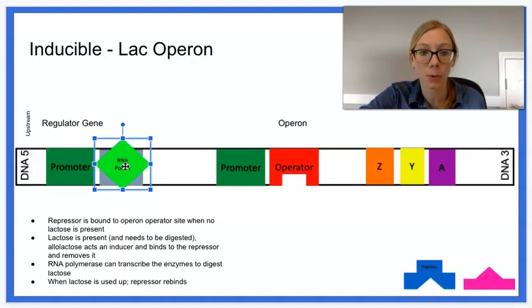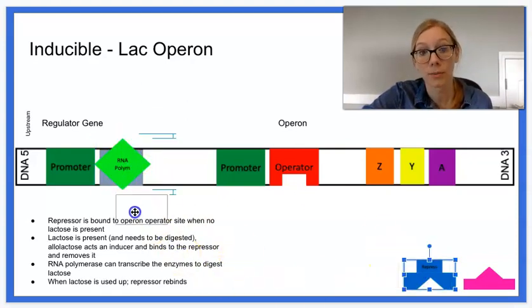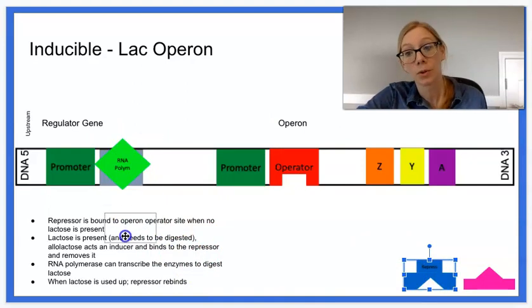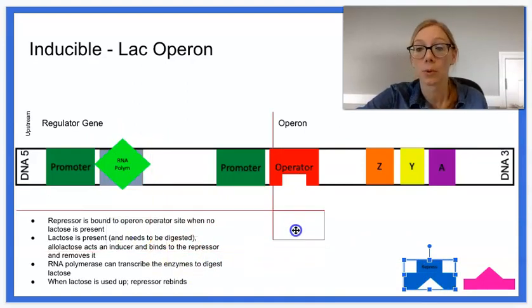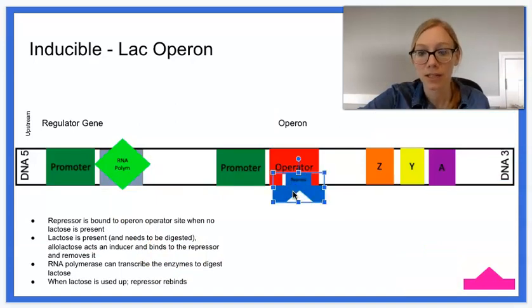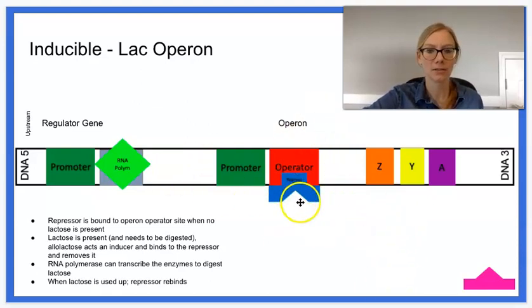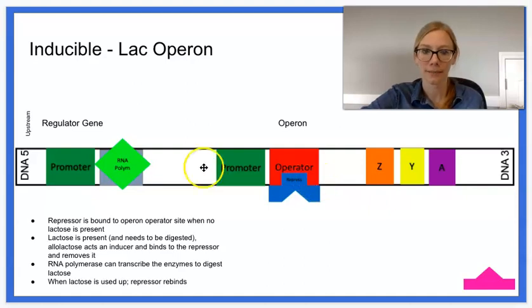In the lac operon situation, when I hit this regulatory protein, that regulatory protein is going to make something called my repressor. Okay, now my repressor protein is going to fit over here at my operator site. Okay, and it's important that it fits over here at my operator site.